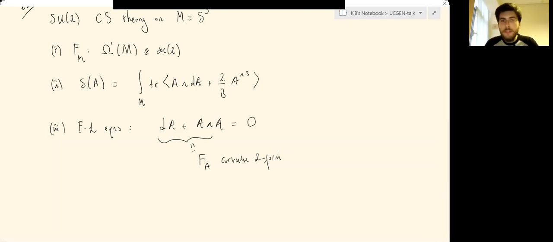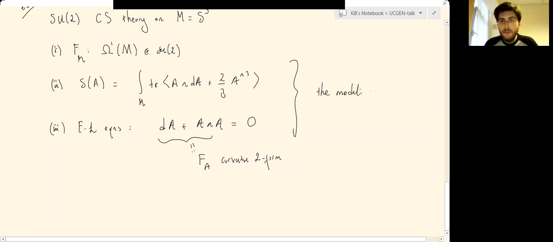And then the space of interest here is actually the moduli space of flat SU(2) connections on M. This is your space of interest, basically.